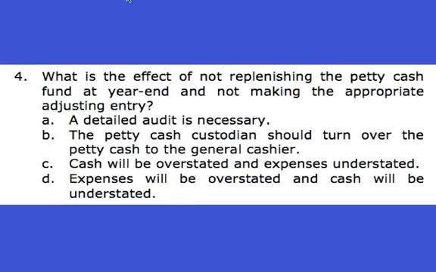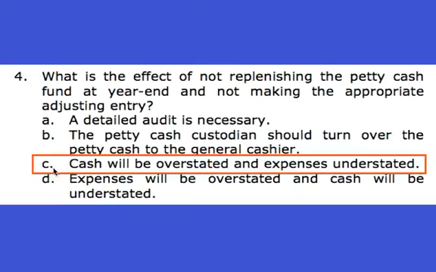Okay, expenses under, cash over. So that's letter C. So yan yung effect pag hindi na-replenish at hindi nagawa ng appropriate adjusting entry. So cash and expenses are misstated. So in particular, cash over, expenses under. Okay, 4, letter C.